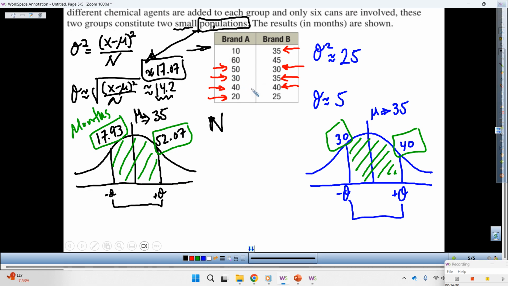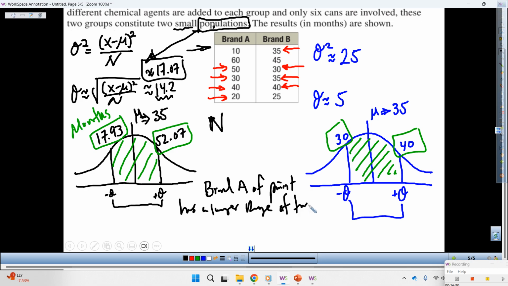Brand A of paint has a larger range of time before fading. Hands, if you agree with that observation? Yeah, that is correct. Just by looking at the numbers, notice that most of these numbers are in the high end of the bell curve. All right? I'll stop right there.